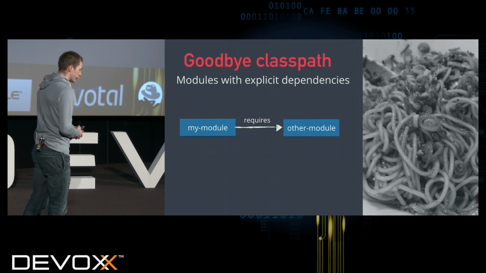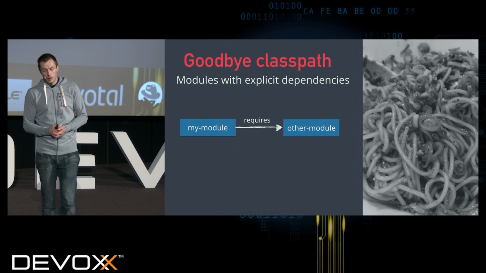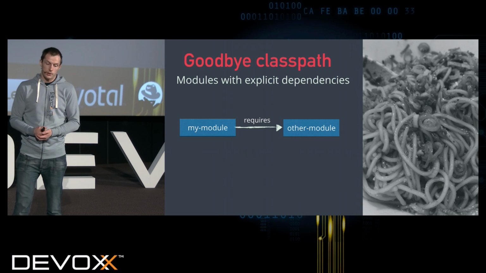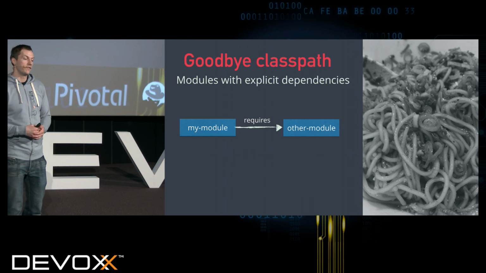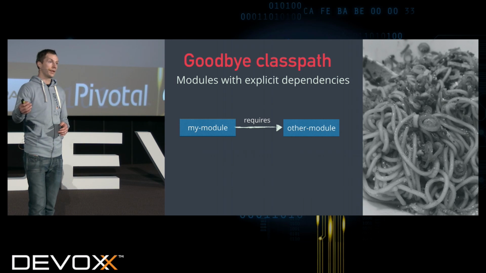So instead of working with a class path, we will start defining modules. And a very important property of modules is that they have to be very explicit about what other modules they depend on.